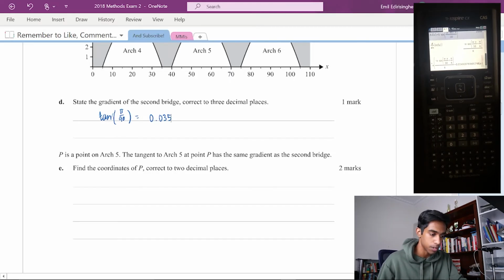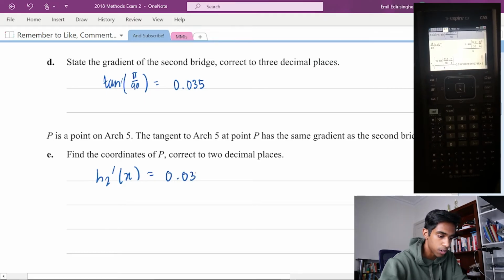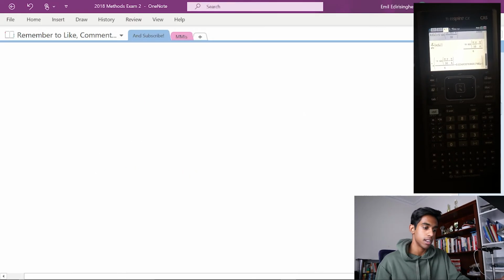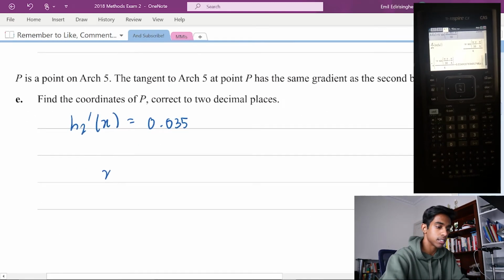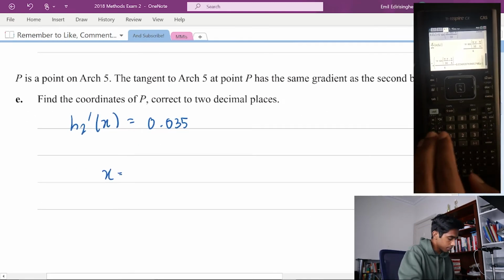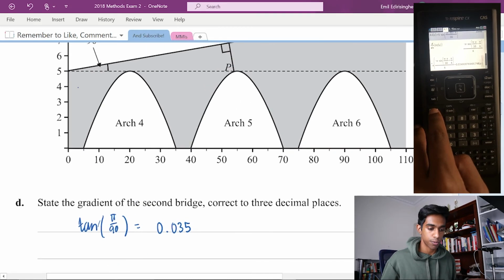So I'll just write down what I'm doing. We get h2 dash of x is equal to 0.035. And now what we're looking at is x is equal to, so we also have the domain, which is from 40 to 70.